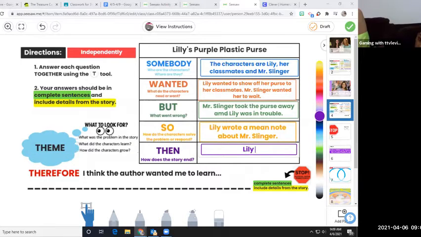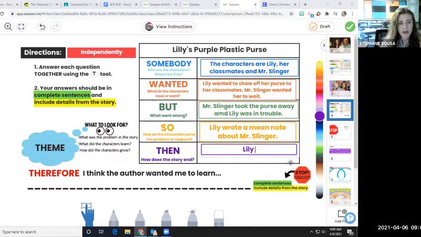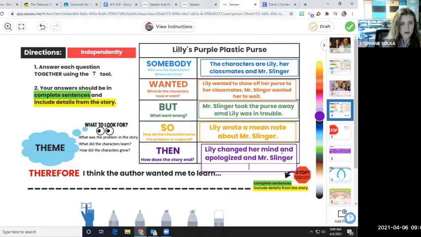She got to show her purse to the class. All right. So she changed her mind. So Lily changed her mind and apologized. And Mr. Slinger let her show her purse. All right.